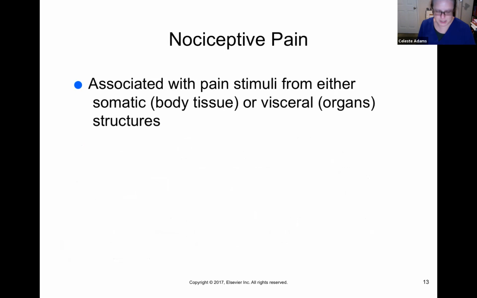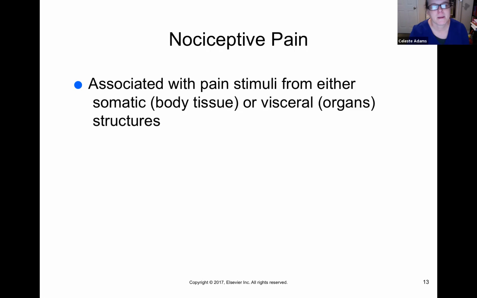So, nociceptive pain. Now we're going to be talking about the types of pain. Nociceptive pain is a type of pain that's associated with pain stimuli from either a somatic or visceral structure. Somatic can be a body tissue, or visceral can be an organ structure.